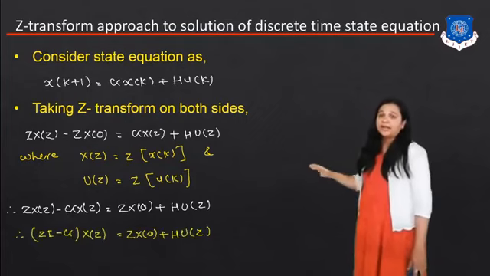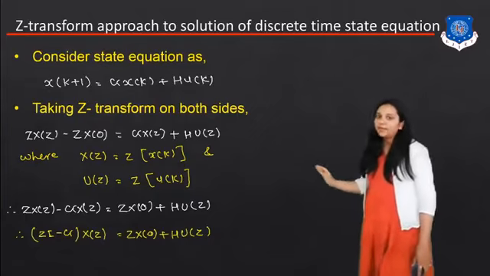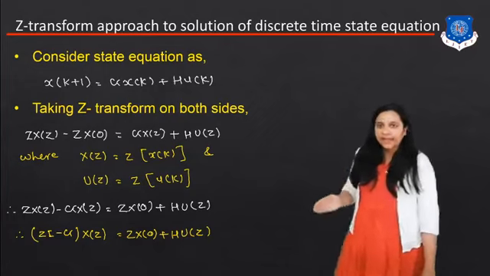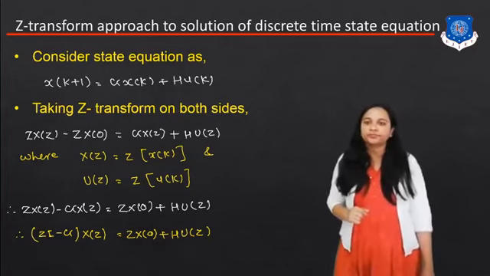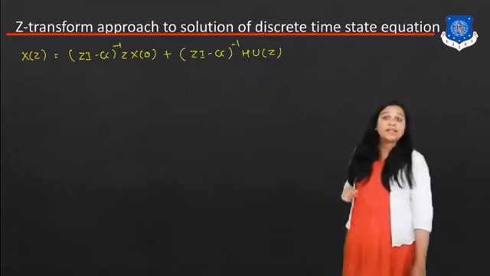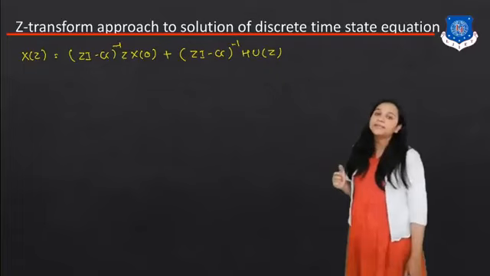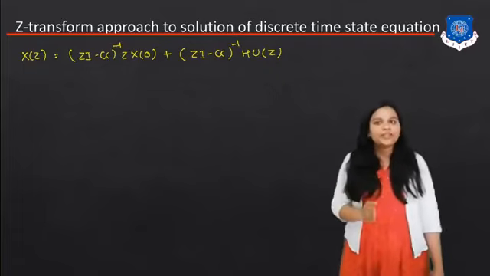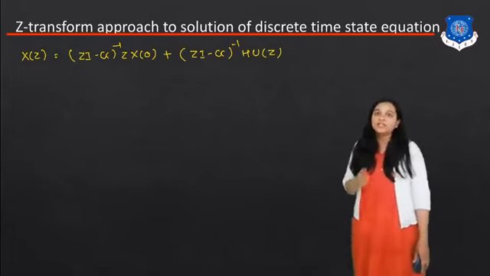So we take X of z as a common term in this bracket: zI minus G times X of z is equal to z X of 0 plus H U of z. Clear? So what is the equation of X of z? X of z is equal to (zI minus G) inverse times z X of 0 plus (zI minus G) inverse H U of z.